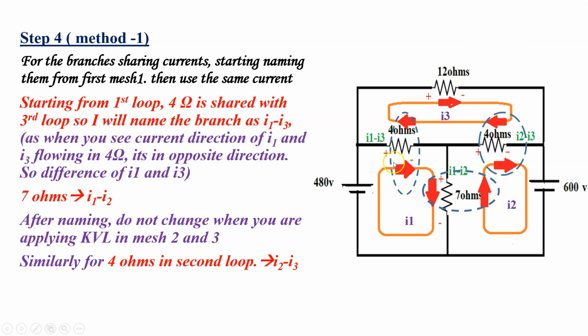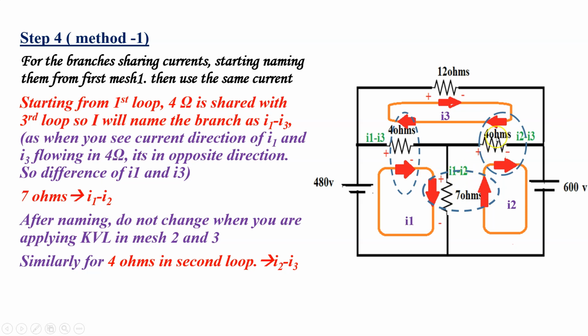With the starting, I will proceed with the branch I1. I am seeing that this 4 ohms is shared by 1 and 3. If I consider the direction of 1 and 3, both are in opposite direction, so it is the difference between both, I1 minus I3. Next, 7 ohms is shared by I1 and I2. Both are in the opposite direction, it is I1 minus I2.